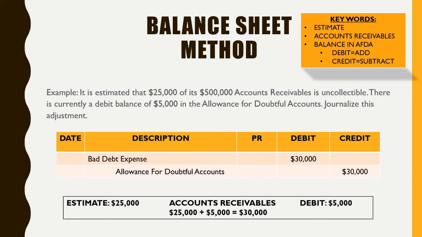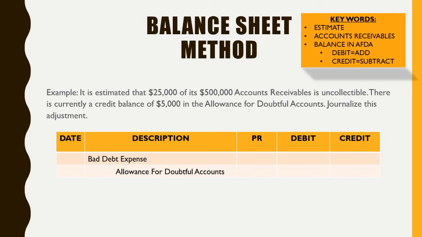All right? So let's go ahead and try the next one. If it is estimated that $25,000 of a $500,000 accounts receivable is uncollectible, and I currently have a credit balance of $5,000 in my allowance for doubtful accounts, journalize this adjustment.